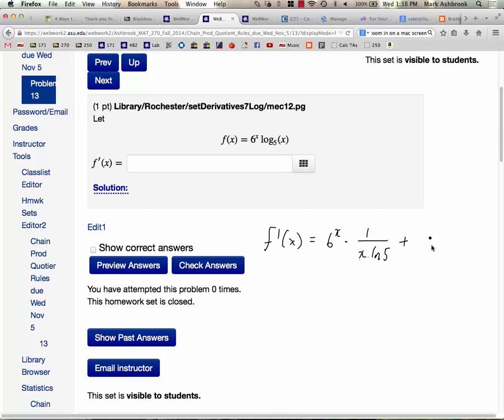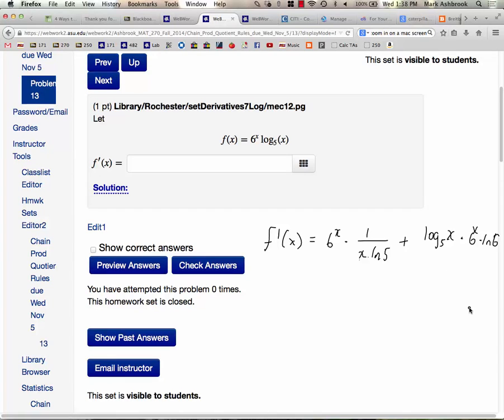Plus the second times the rate of change of the first, which is the rate of change of 6 to the x. With 6 to the x, remember that we did this little investigation. We found that the rate of change of an exponential function is just a constant multiple of the original function, and that constant is ln of 6.